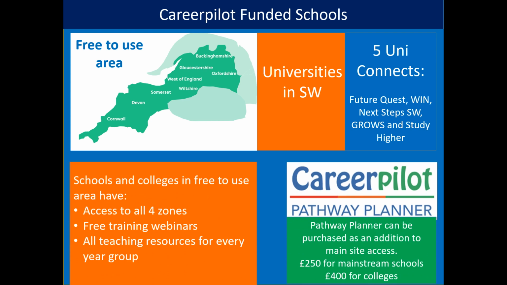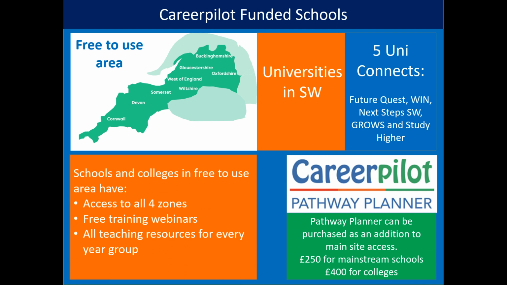This includes access to all 4 zones that I've just mentioned, as well as the free training webinars and access to all of the teaching resources that we have for every year group. The Pathway Planner tool can then be purchased and added as an addition to the main site access. If that's of interest, you can find out more by contacting our helpline.